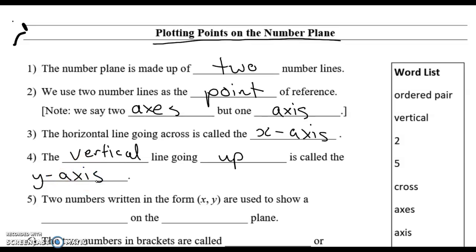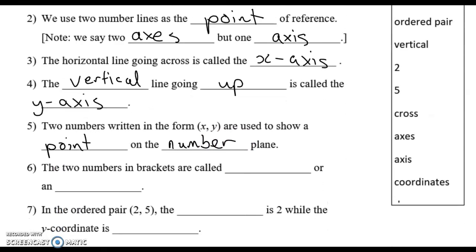Two numbers written in the form (x, y) are used to show a point on the number plane. The two numbers in brackets are called coordinates, or an ordered pair.